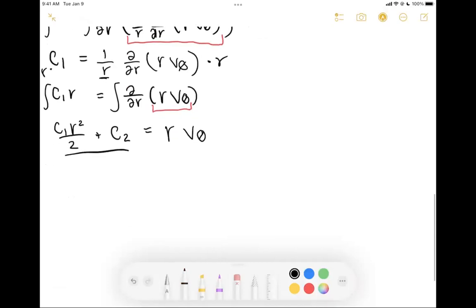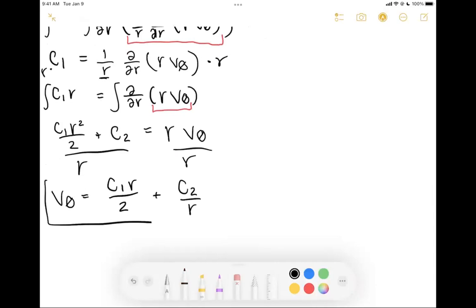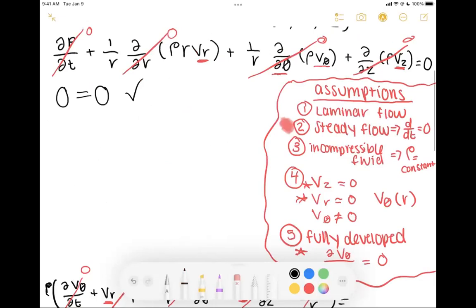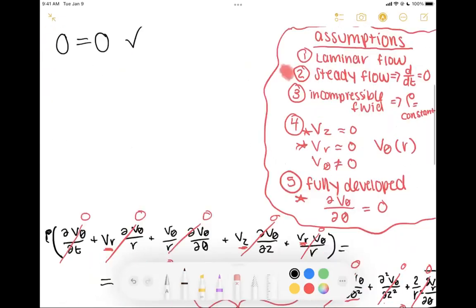I'm going to divide both sides by r to get v theta alone. So then you end up with v theta is equal to C1r over 2 plus C2 over r. And that is part B completely gone through.